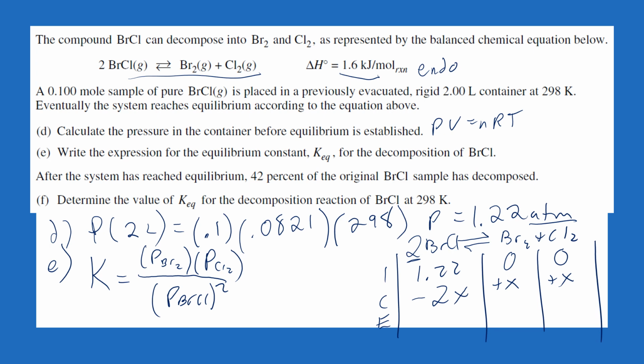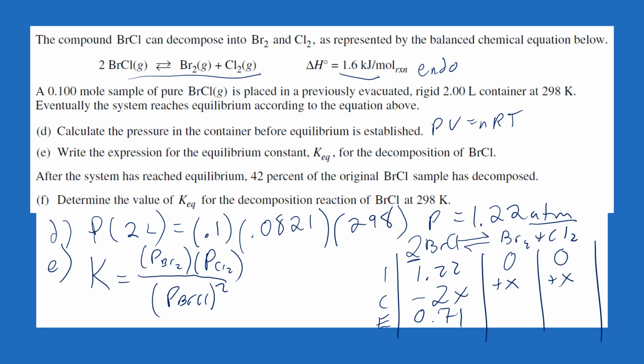And then it says 42% of the original BrCl sample has decomposed. That means that I have, what, 58% left? I can subtract? Yeah, 58. So 58% of BrCl of the 1.22 is 0.71. That's remaining.